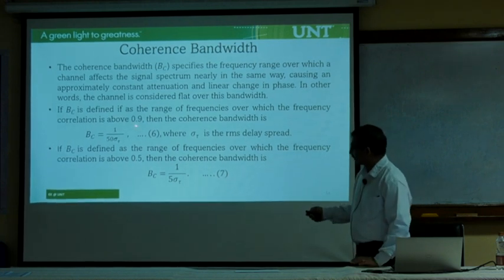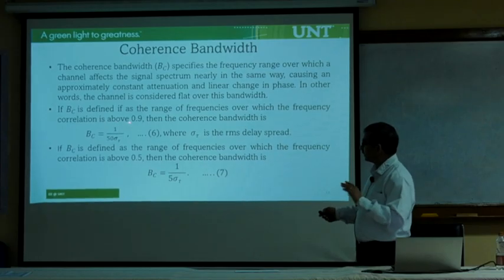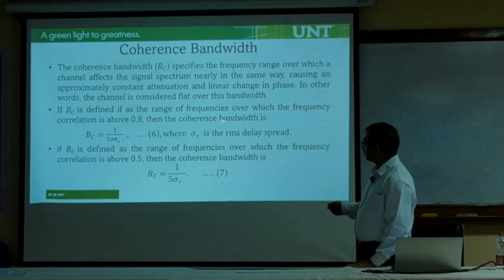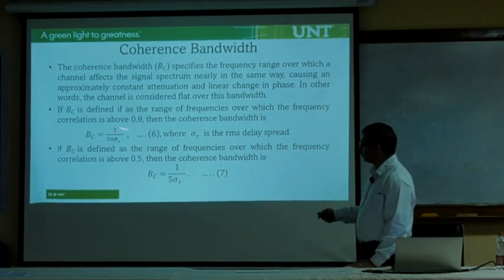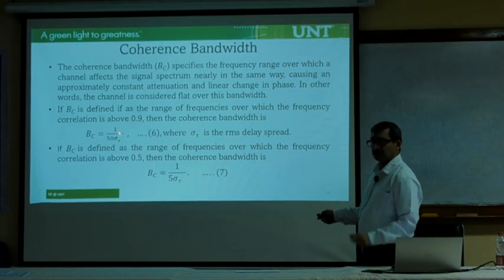Instead of asking for perfect matching, you are saying the channel, within plus or minus some delta, behaves flat. This coherence bandwidth is also by thumb rule. I didn't derive anything, this is from the book, it's a general thumb rule.